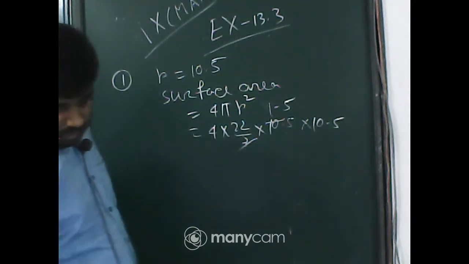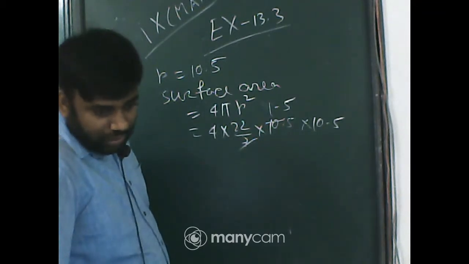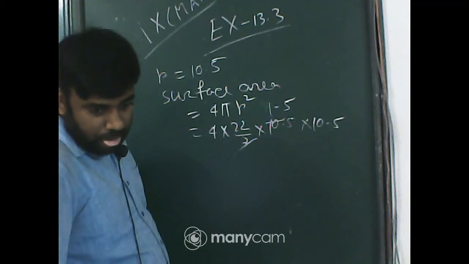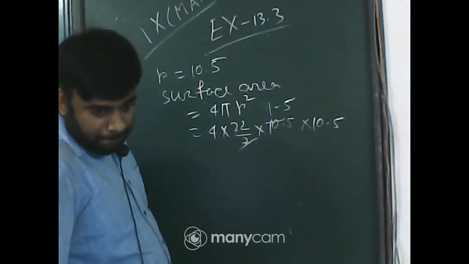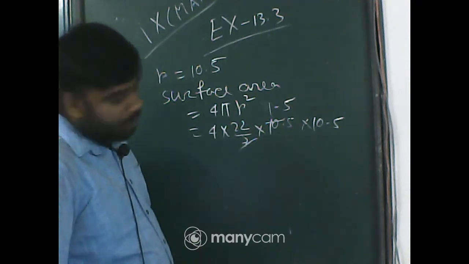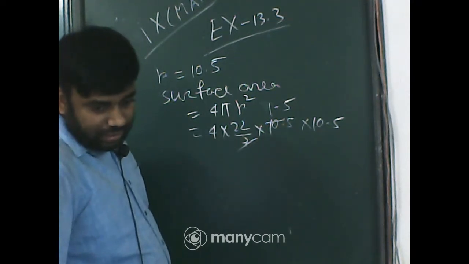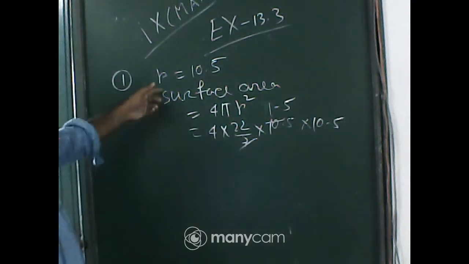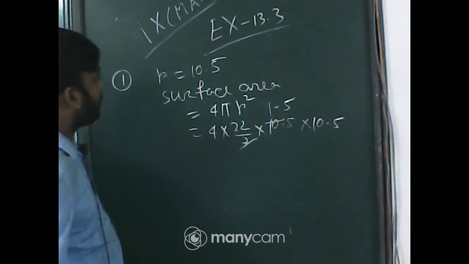Okay, the deduction of the formula 4 pi r square you want? I will discuss how it is 4 pi r square. Okay, wait. So r equals 10.5 and surface area is 4 pi r square.